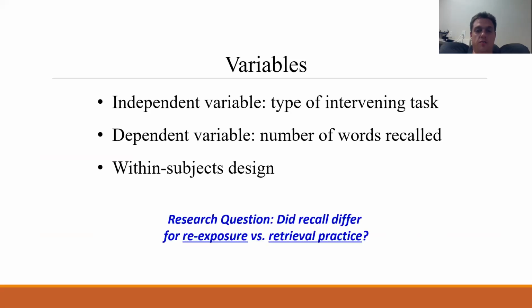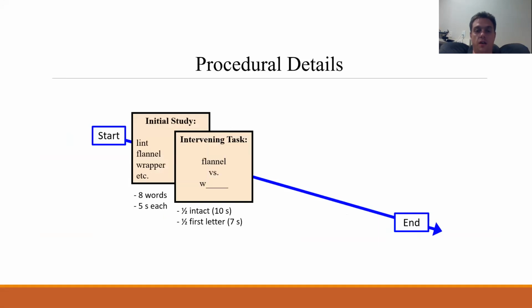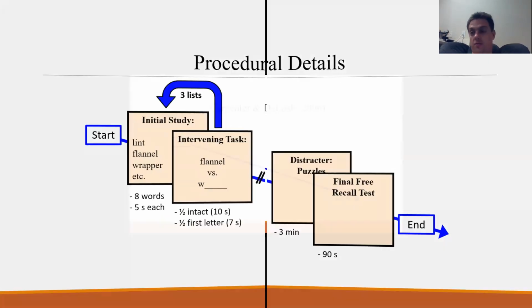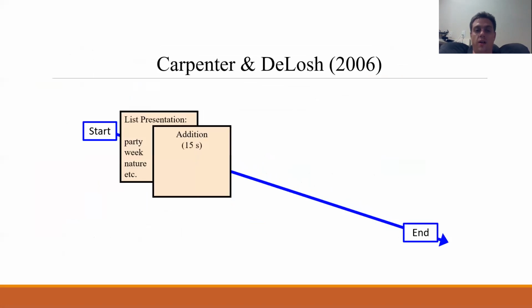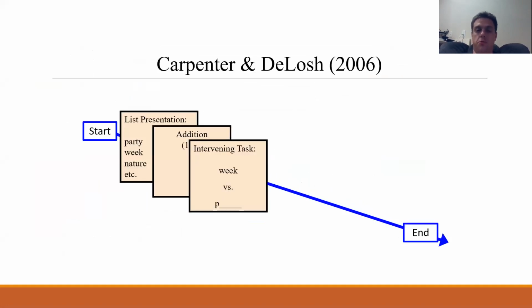So in our variation of Carpenter and DeLosh, we accounted for this, as well as for the exposure part. Because you're writing down weak, now we know it's not just that you got to write it down in the testing condition if you recalled it. It's actually that you were tested on it, that you tried to retrieve it.